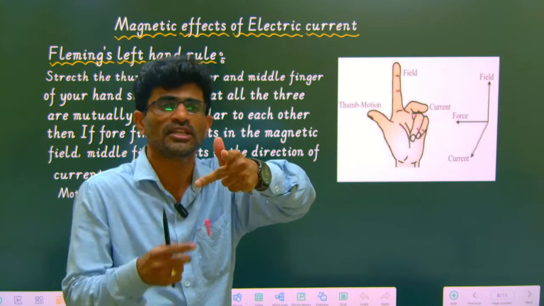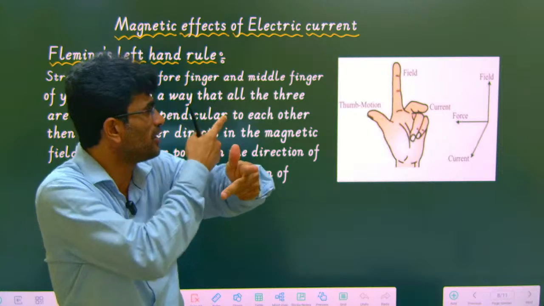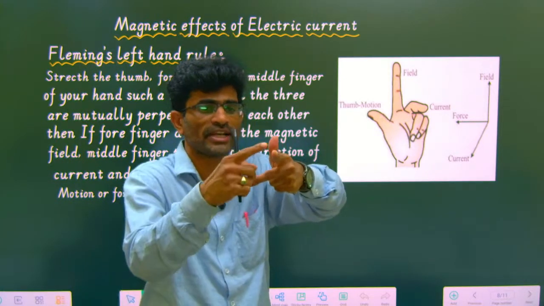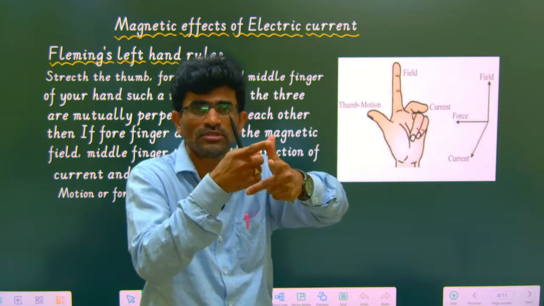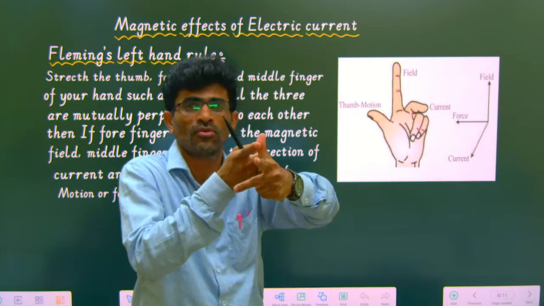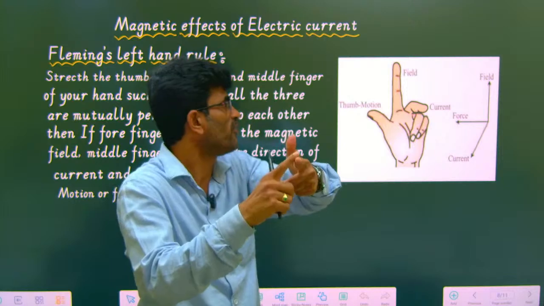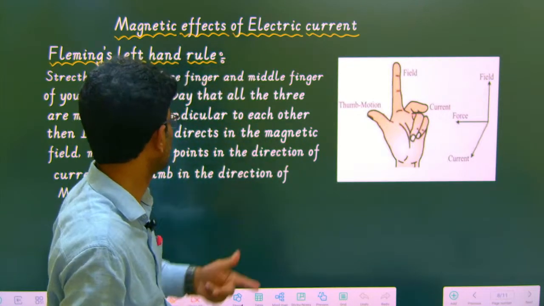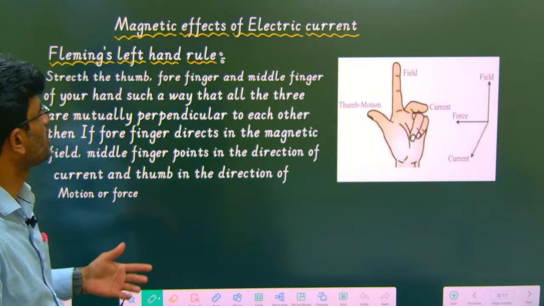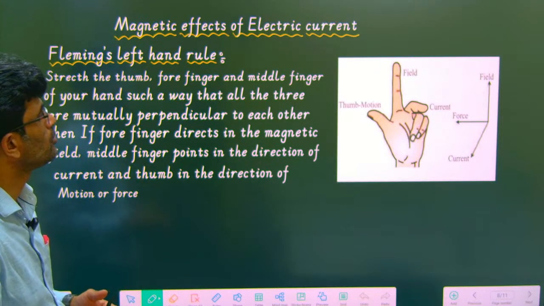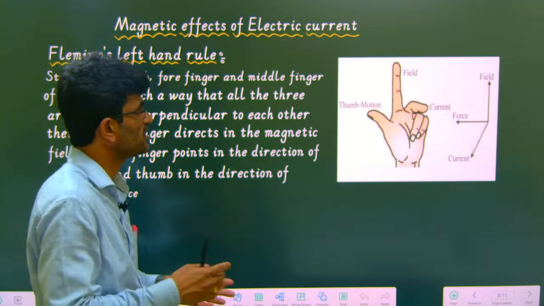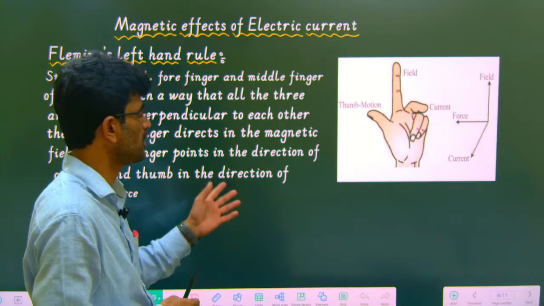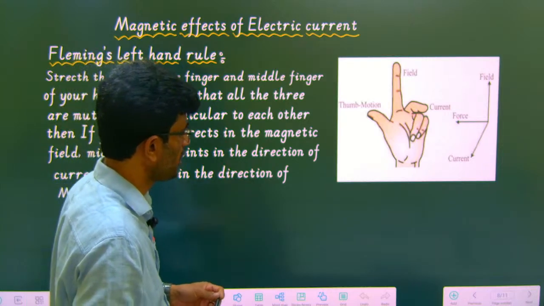Then the thumb gives the direction of force, that is the motion, the forefinger gives the magnetic field direction, and the middle finger gives the current direction. So this is one important rule to know in which direction the magnetic field, force, and current are. By using this, you can decide which is in what direction.